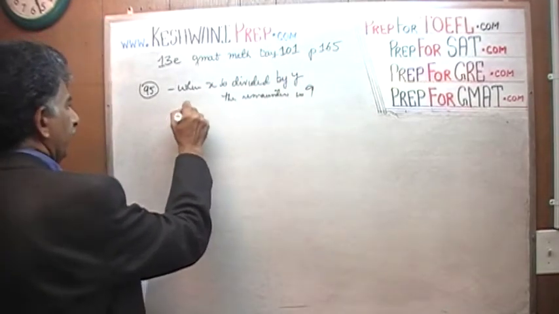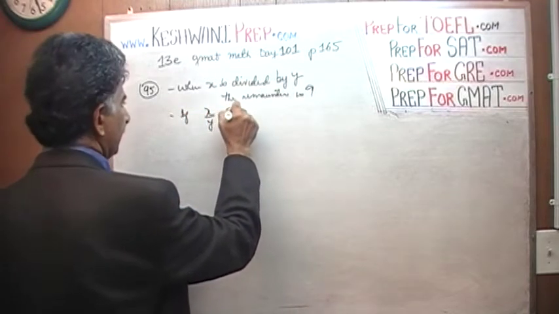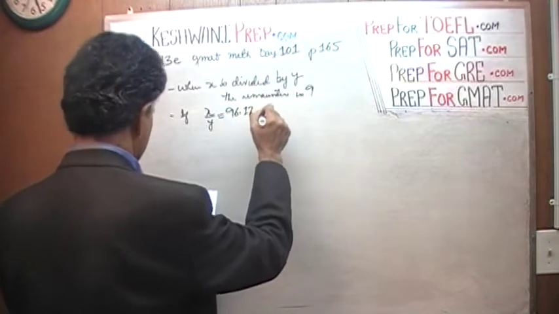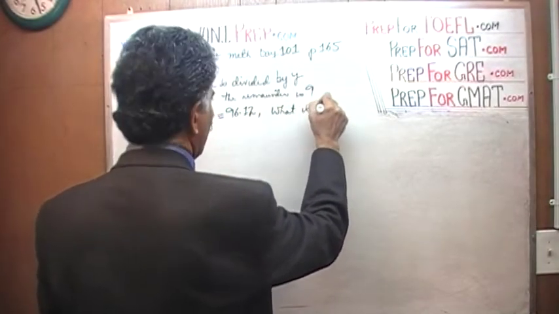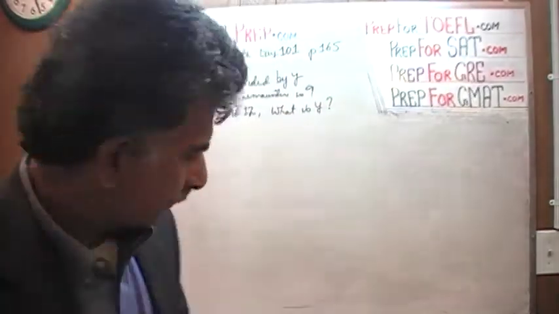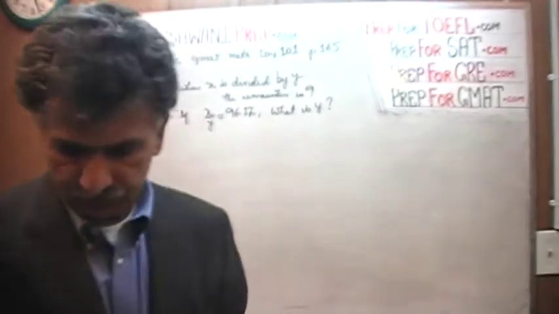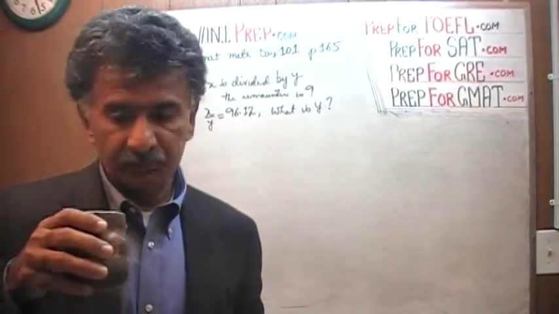And then they go on to say if x over y equals 96.12, what is y? A simple enough question, as I always tell you. The questions, of course, are always simple enough. The questions are always straightforward. It is the answer that tends to get prickly.